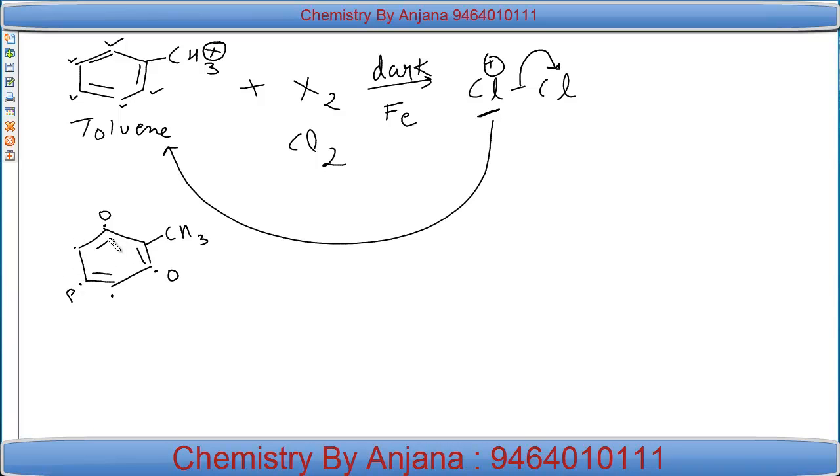इन 3 positions पर लगे हुए हाइड्रोजन are now prone to attack via this electrophile जो इस combination of catalyst से बना. So now this toluene having 2 ortho and 1 para position available, Cl2 with iron goes and performs this reaction. 2 possibilities.